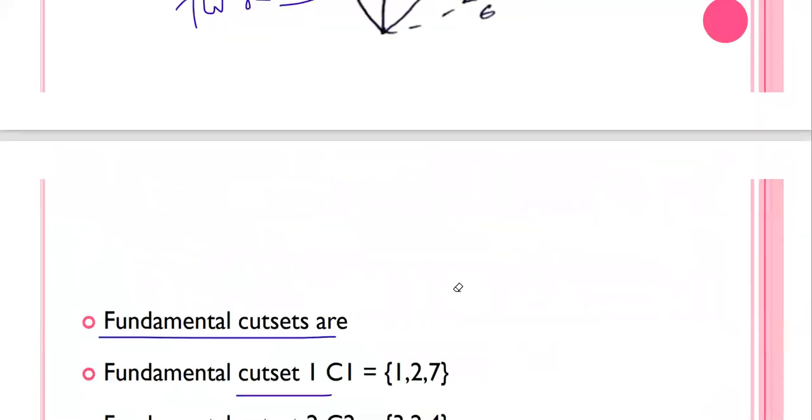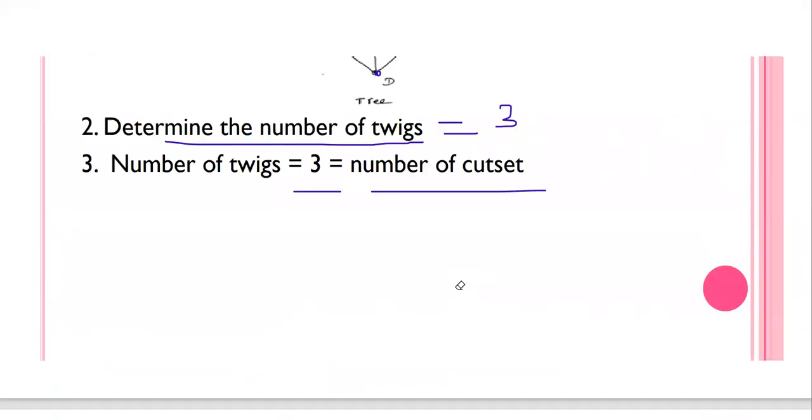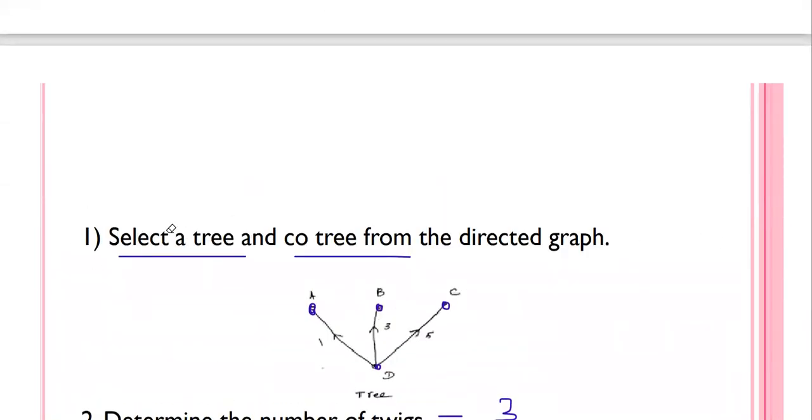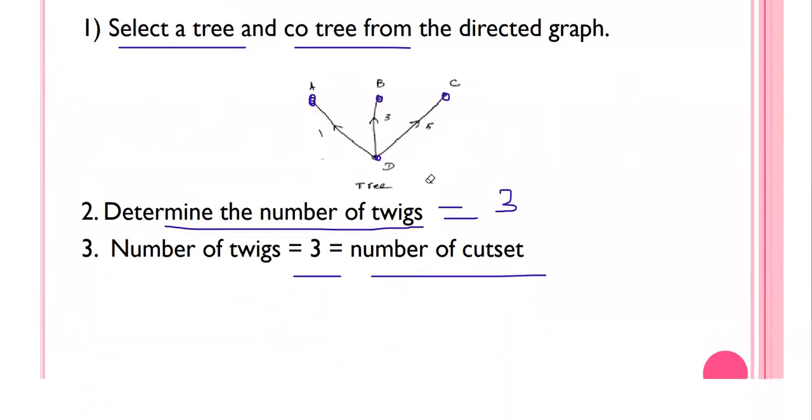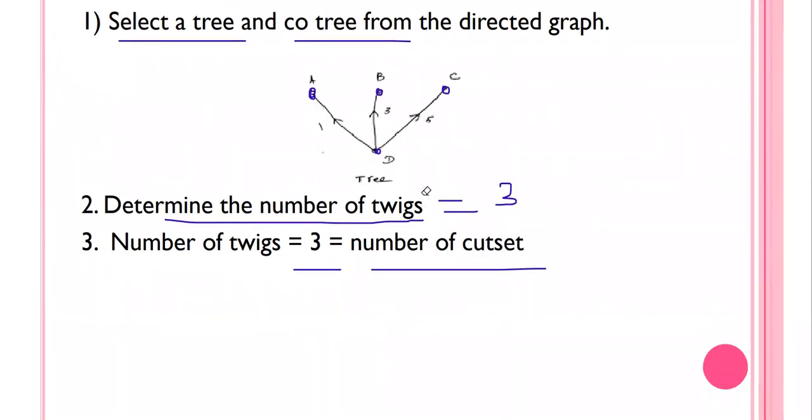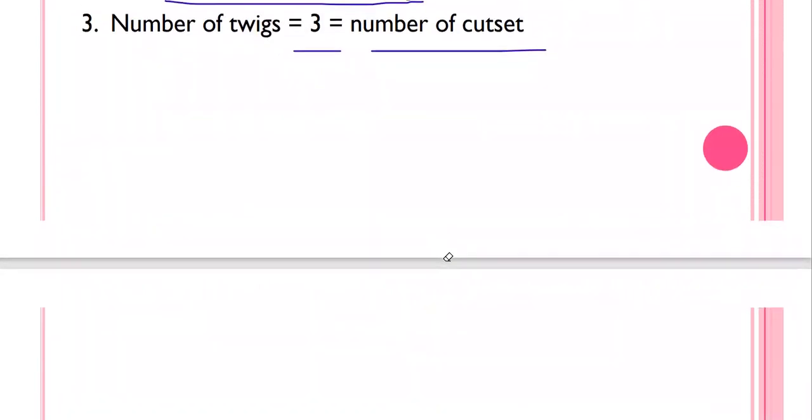The first step is to select one tree and co-tree, and find out how many twigs there are. The twig is nothing but a branch in a tree, and the number of twigs is the number of cut sets.